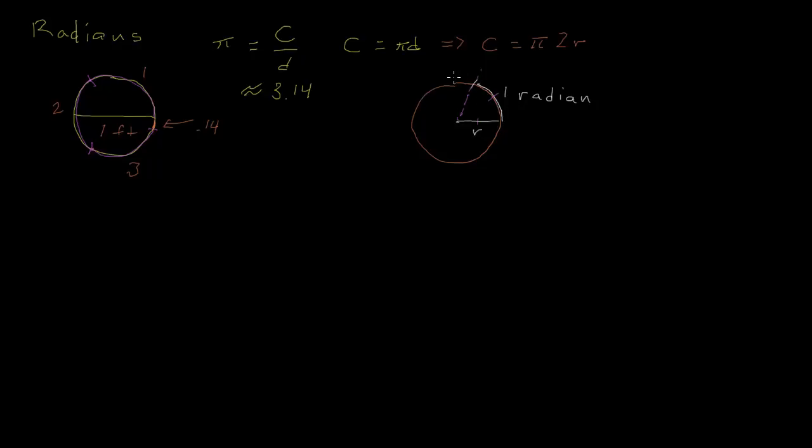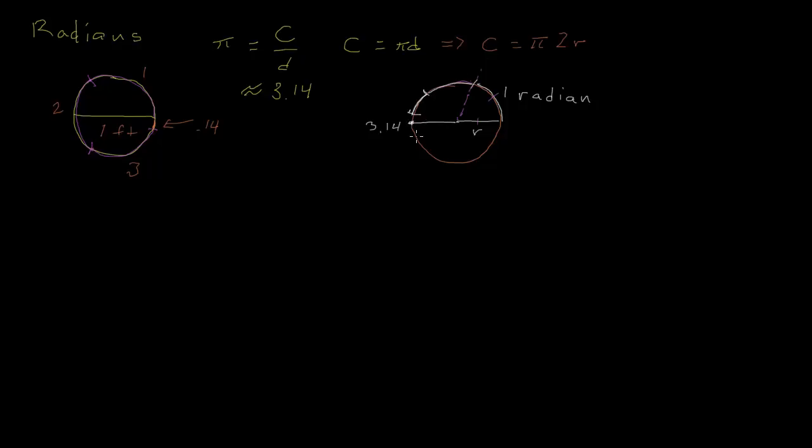Now, 2 radians then is about, let's go back to here, is about there. 3 radians, and it's not quite right. I kind of messed up my markings, but you get the idea that if 3.14 diameters gets us all the way around, 3.14 radians gets us halfway around.